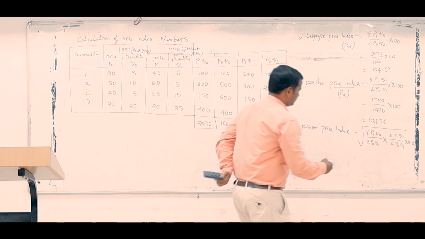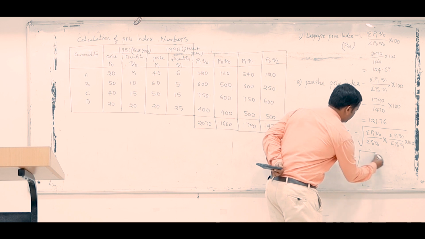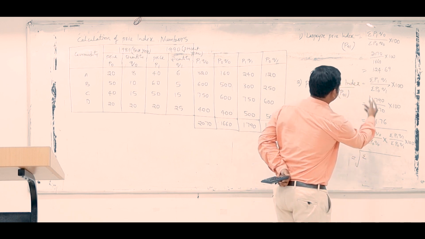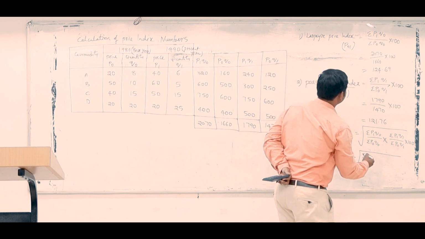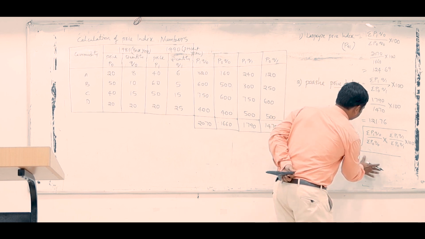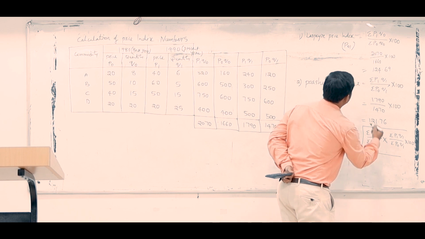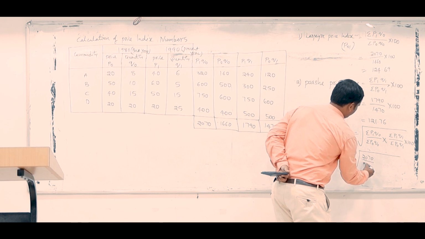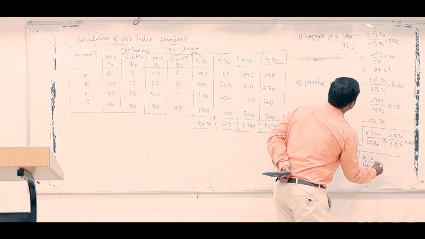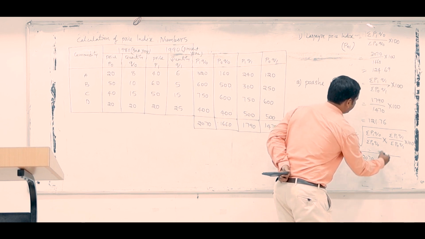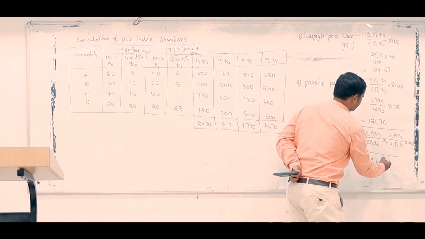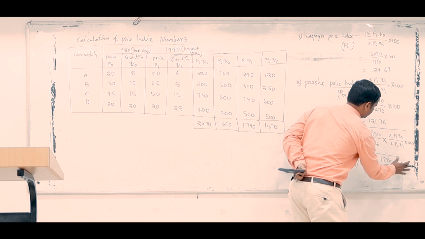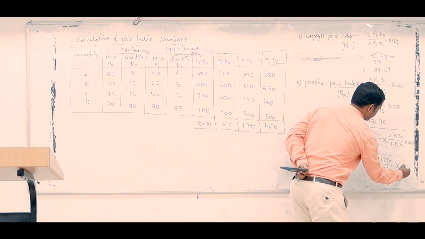Okay. So here under root, summation P1 Q0, already those terms we used in Laspeyres method. So summation of P1 Q0 will be 2070 divided by 1660 into, P1 Q1 total is here, 1790 divided by 1470 into 100.